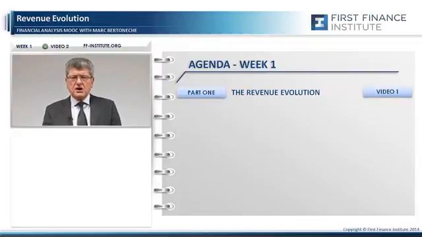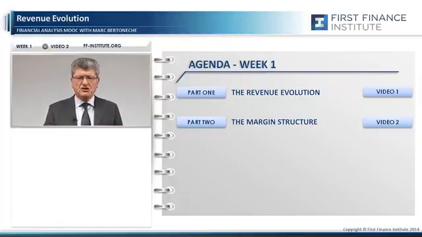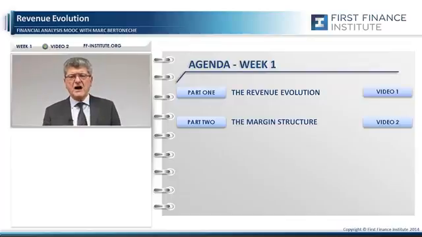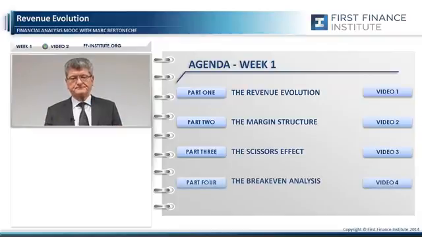The second will concentrate on the margin structure through the profit and loss statement. The third video will describe the combined trend in revenues and cost and what is sometimes called the scissor effect. Eventually, the fourth video will introduce the break-even analysis.